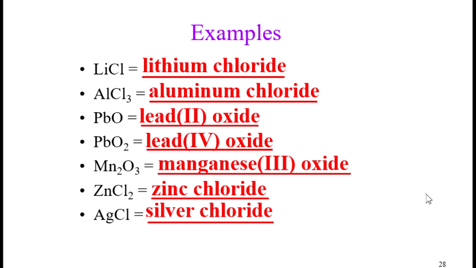Right now, I may ask you to have this practice. What is the name for this one? LiCl, metal, non-metal, IDE. What is this one? Metal, non-metal, IDE. But please look here, Pb. Look at the periodic table.